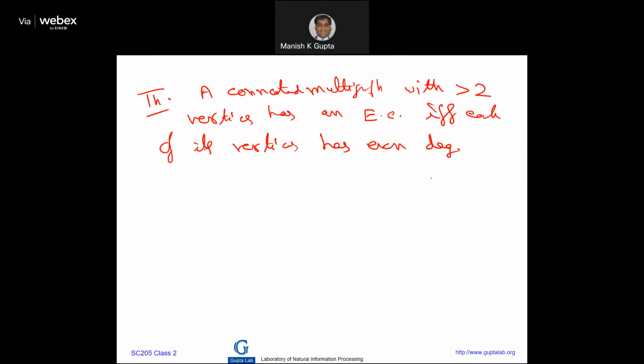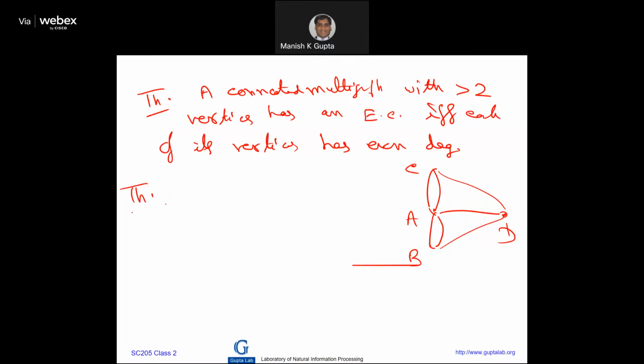For example, if you look at this, A, B, C, D, this is a multigraph. Now you can see that degree is not even. Degree of D is odd, right? So basically, this has no Euler circuit.